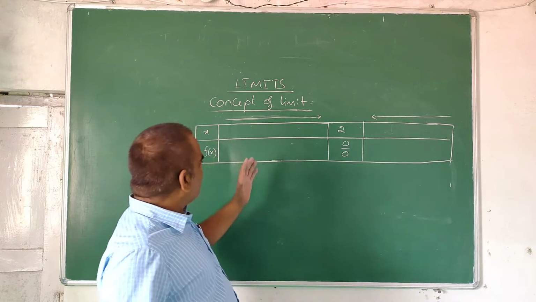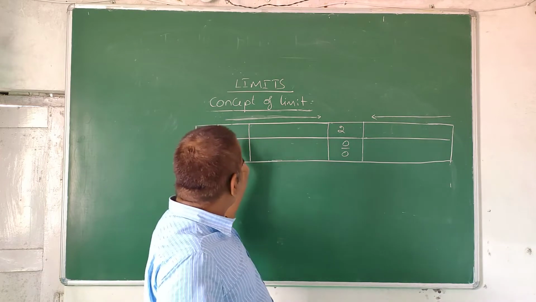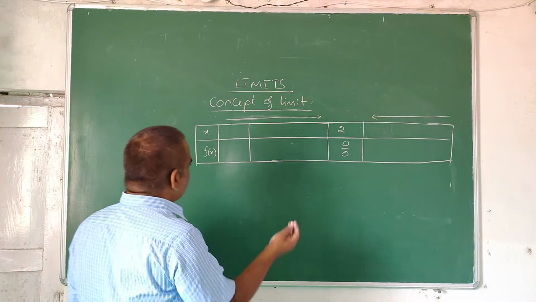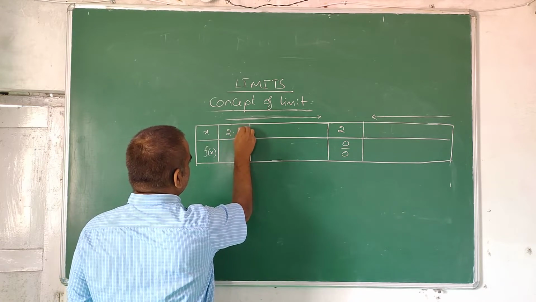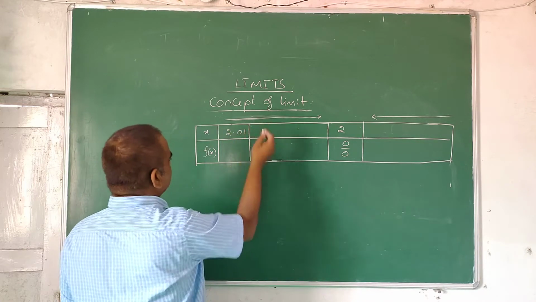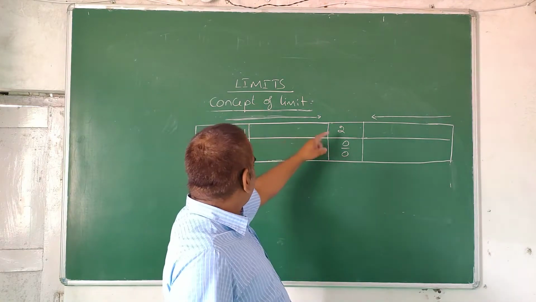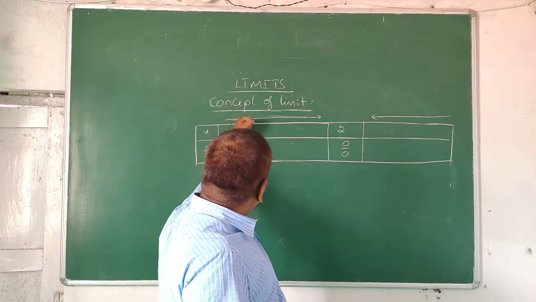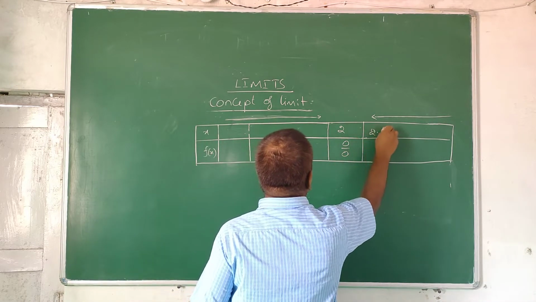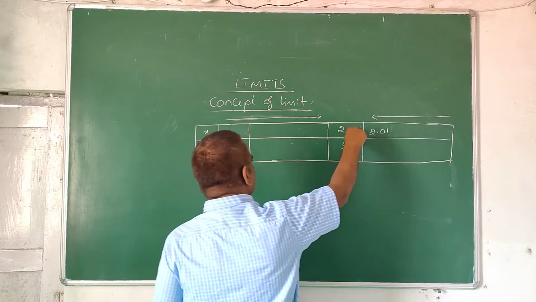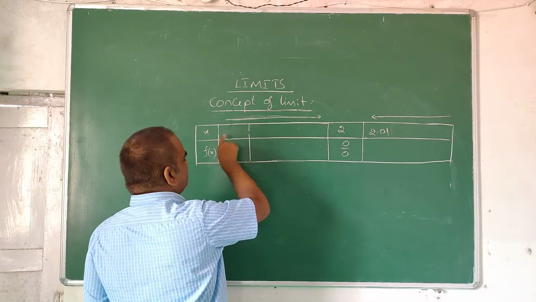So you have to take values of x which are nearer to 2 from the left side, somewhat less than 2. You cannot take 2.01, because this has crossed 2.